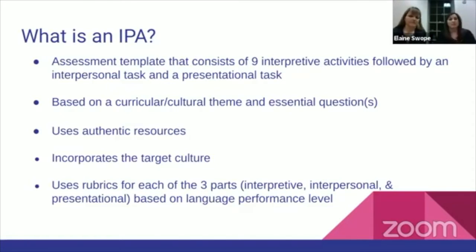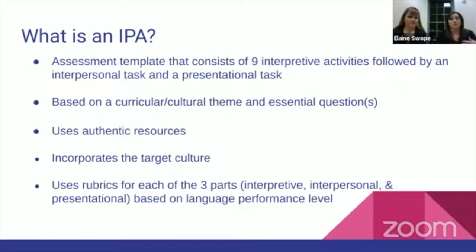The IPA uses authentic resources. A resource definitely should be made by a native speaker for native speakers, engaging for your students, and level appropriate. The IPA incorporates the target culture by the use of those authentic resources, and also within the IPA, we have comparing cultural perspectives, which is one of the 9 interpretive activities.